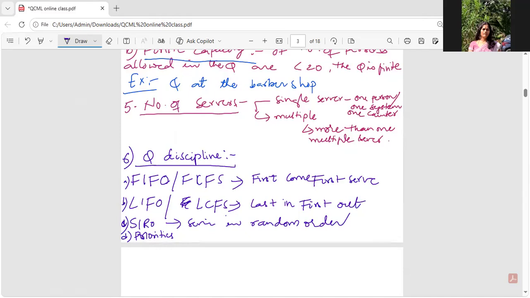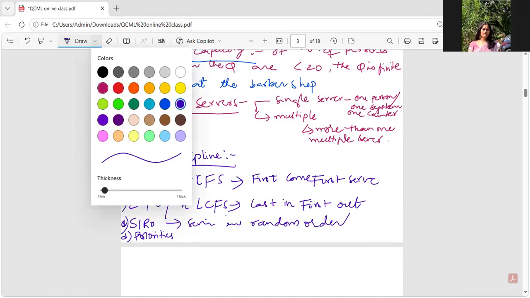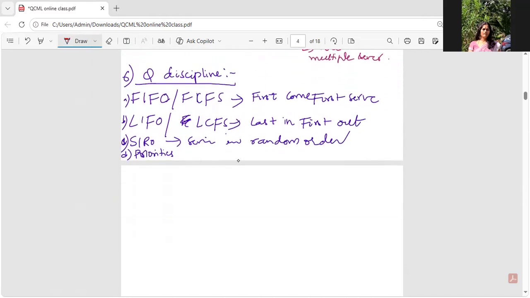After the queue discipline, there is also an important factor called customer behavior, the seventh point. I discussed this in the class as well, guys.